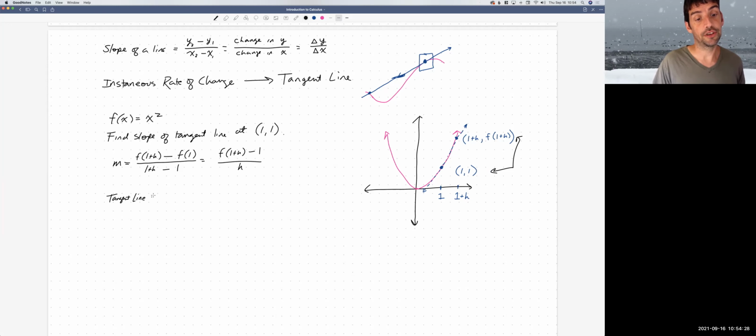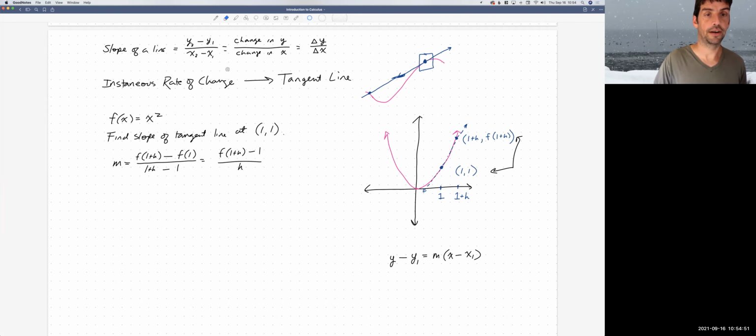So I'll just use this. The tangent line is approximately, I'm going to use the point slope form. If you forget, it's y minus the y coordinate equals m times x minus the x coordinate. So I'm going to write it as the approximate tangent line.